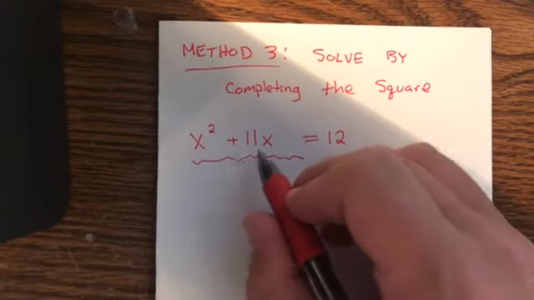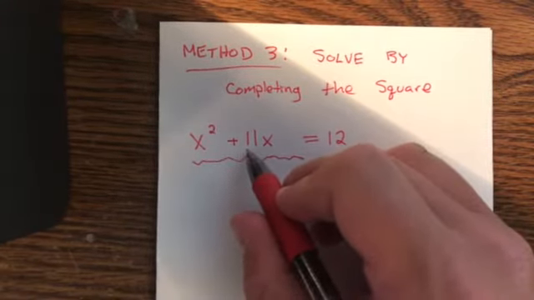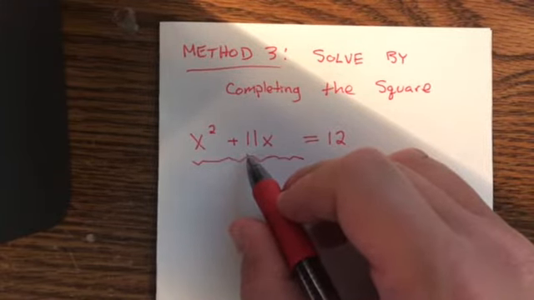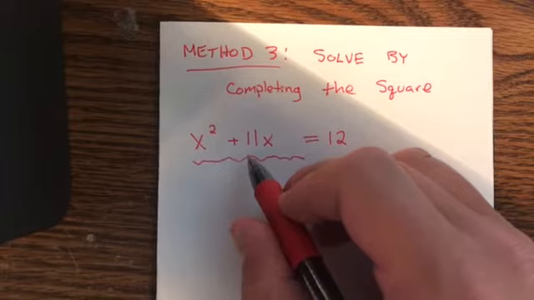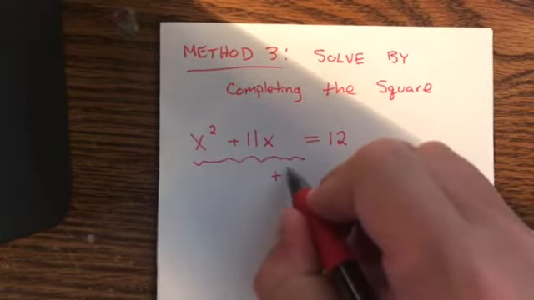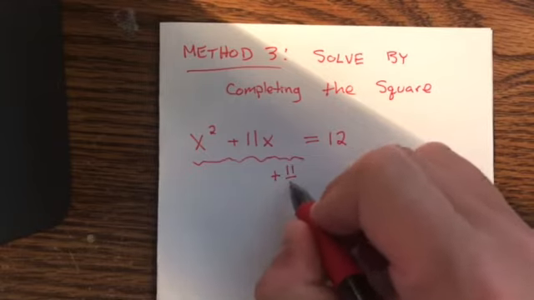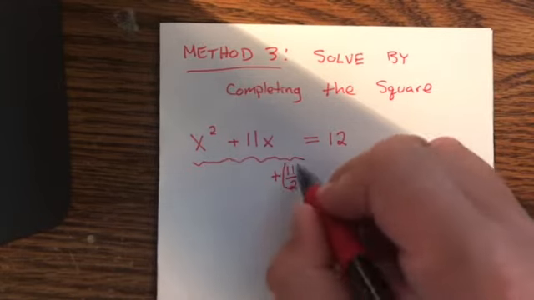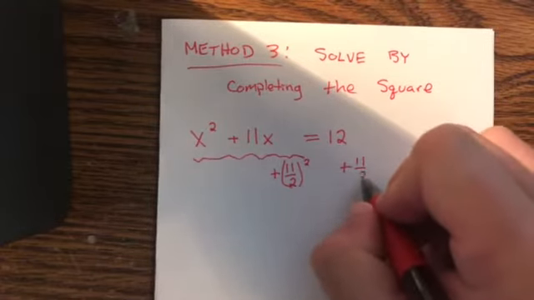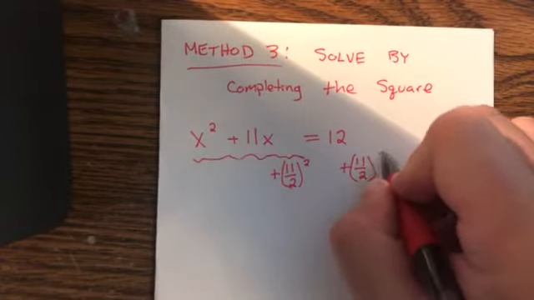And the biggest key you're going to look for is the b term. Half of 11 is 11 halves. Whatever 11 halves squared is what we're looking for here. So I'm going to add half of b squared to both sides of the equation. 11 halves squared.